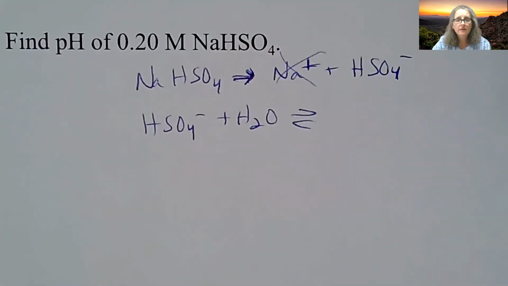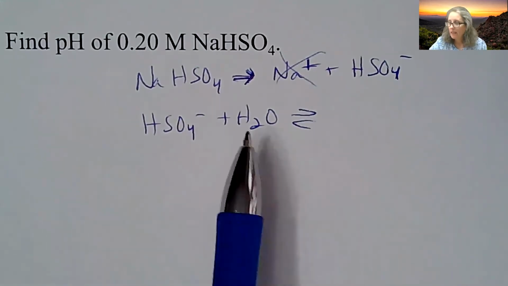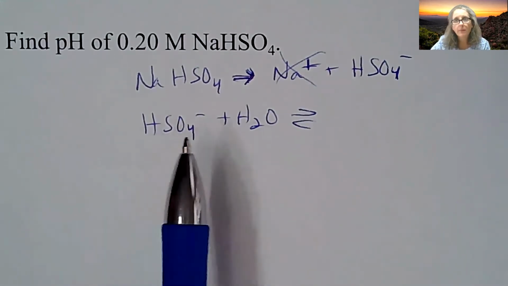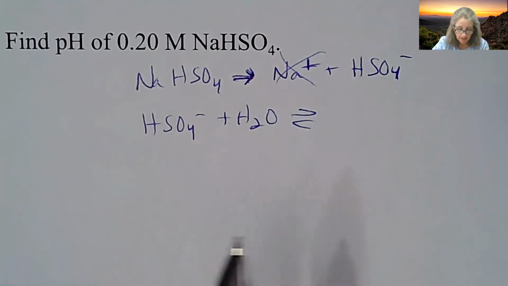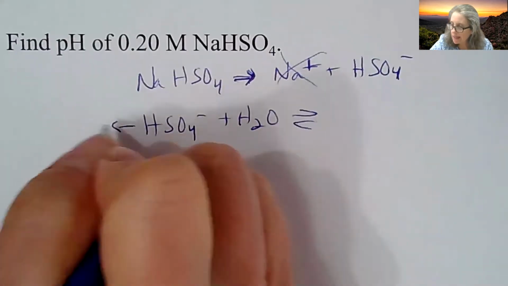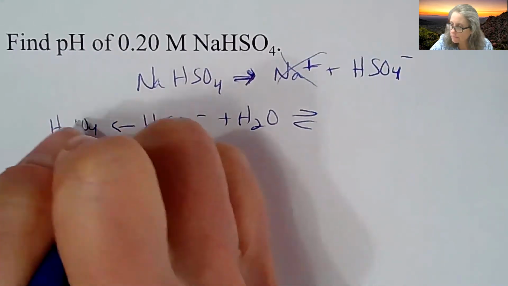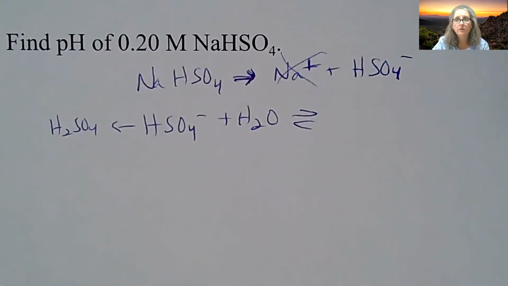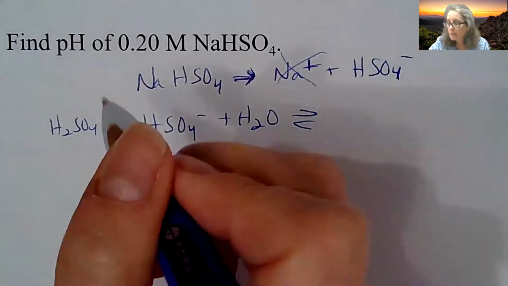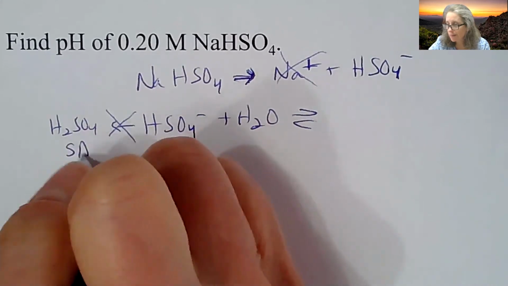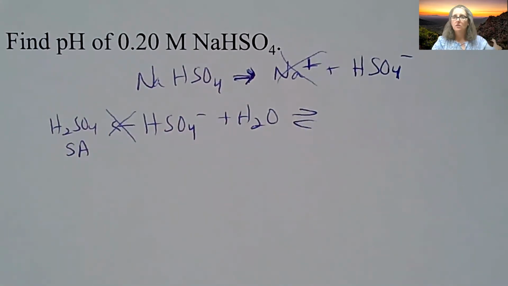Well, this one's a little more tricky, because am I releasing an H, or am I going to take on an H? Can I go backwards and make H2SO4? Is that an okay thing to do? No, because this is a strong acid. So that's really why I went through that example of sulfuric acid.